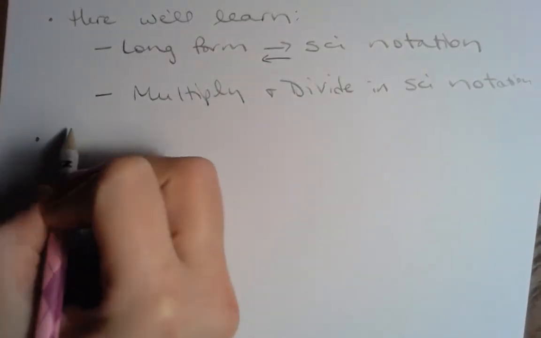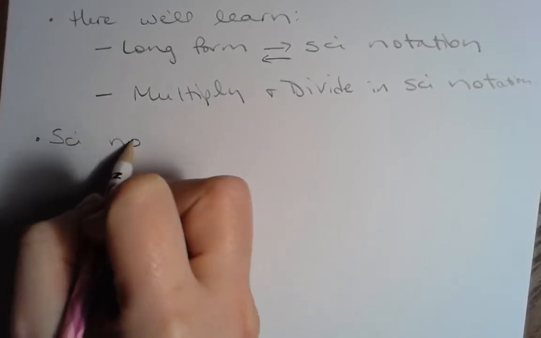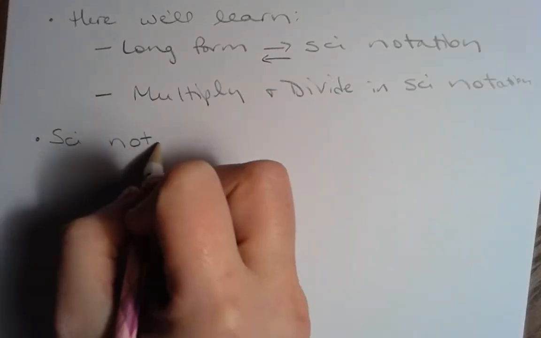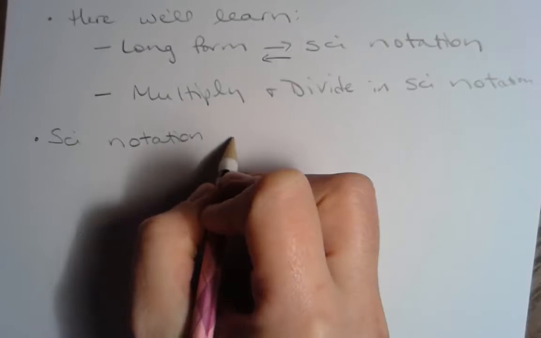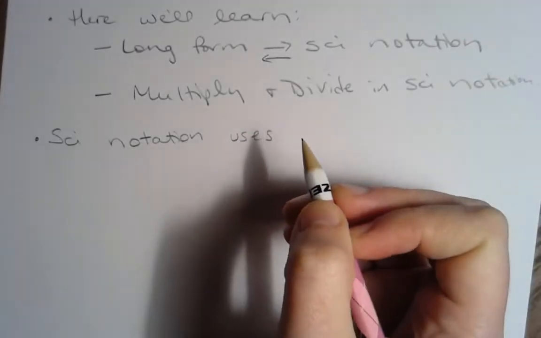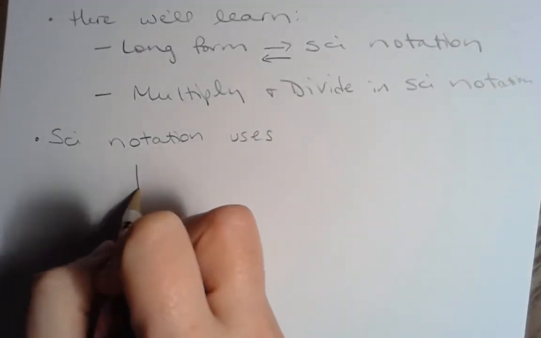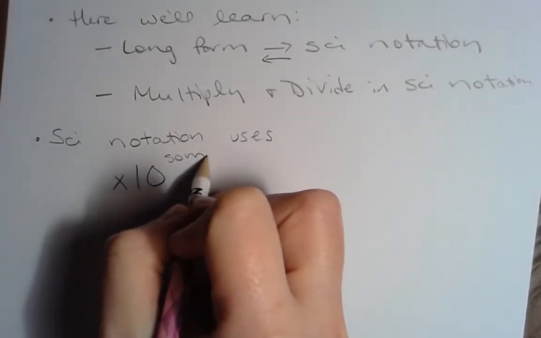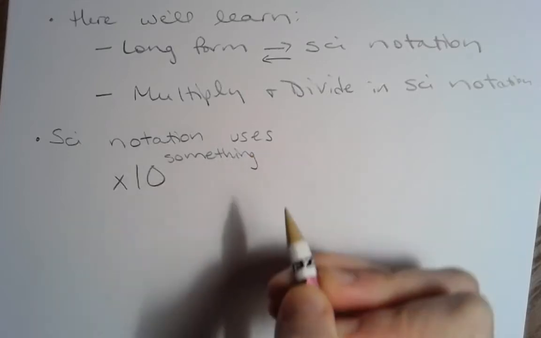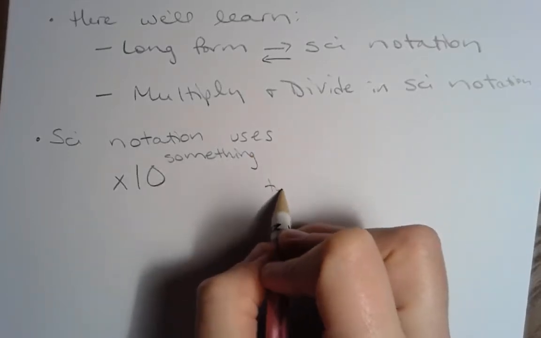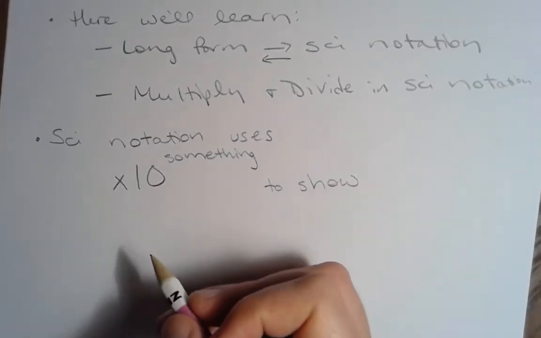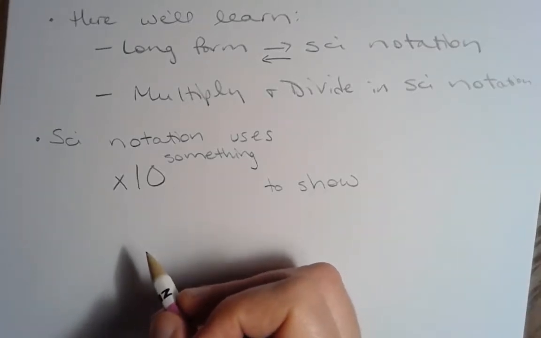Scientific notation uses this times 10 to this something to show how many place values to move your decimal.